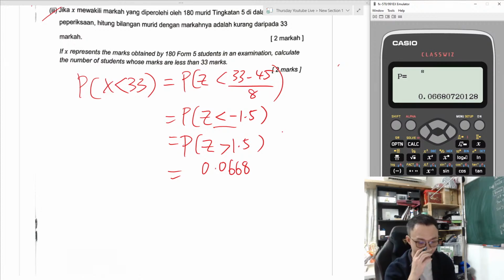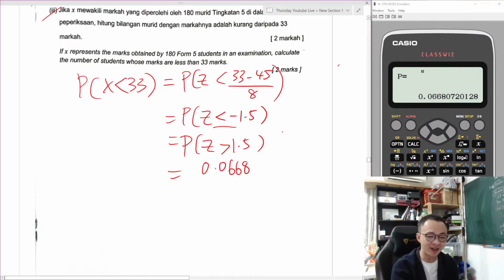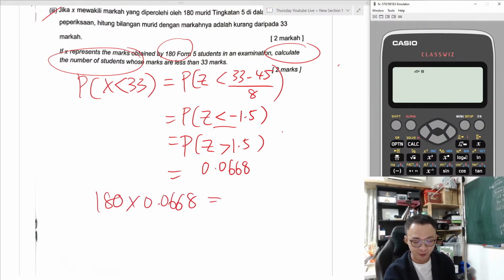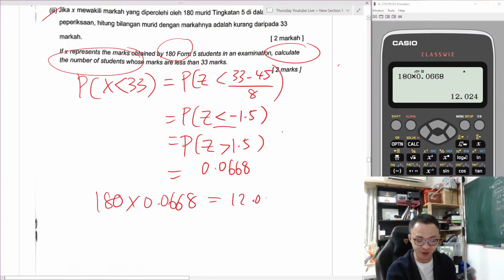So this is how, but we haven't finished, because they are not asking us to find a probability or percentage. They ask us to calculate the number of students. We have 180 students, right? So 180 multiplied by the probability here, 180 multiplied by 0.0668, we get 12.02.